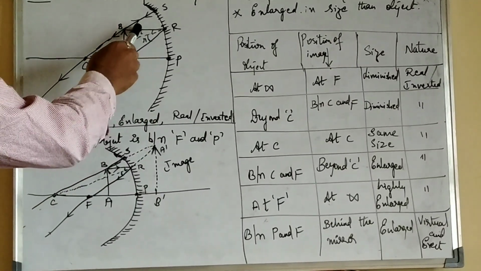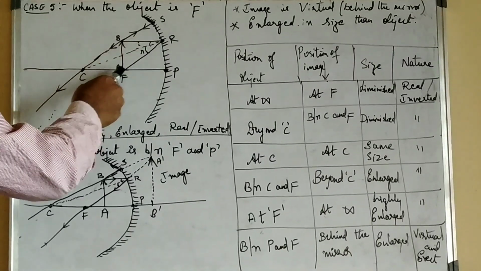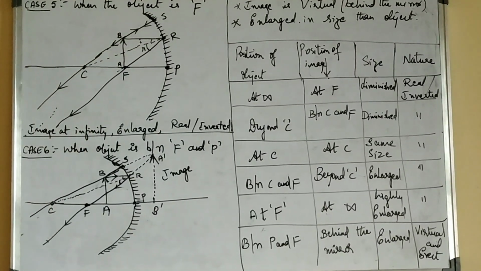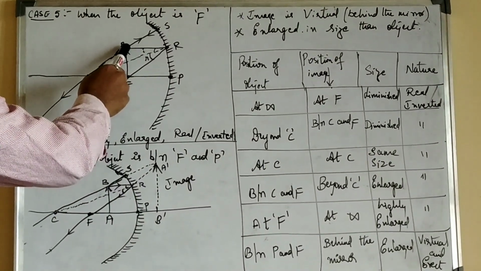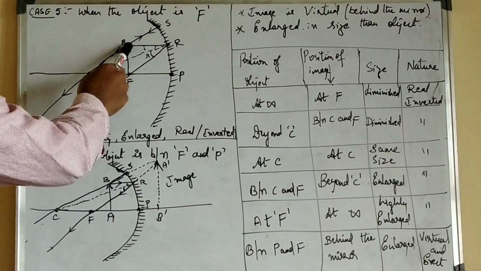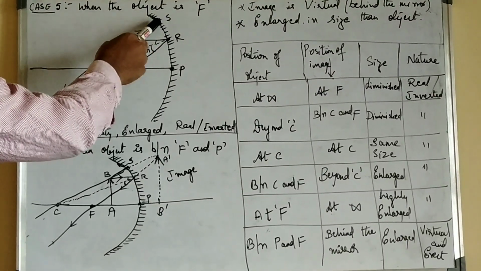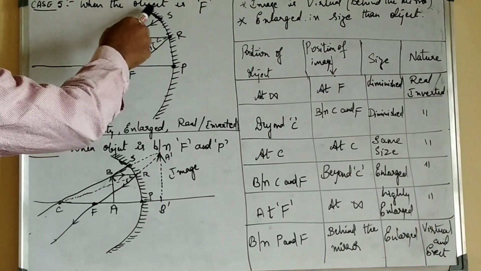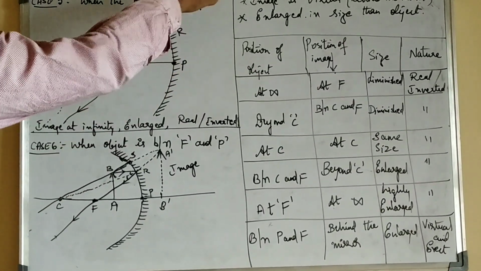And obviously, when the incident ray is parallel to the principal axis, it gets reflected along the principal focus as per the convention. Now, one more ray is passing through the same position B, that is incident at some point S along the reflecting surface, and the reflected ray is tracing the same path.